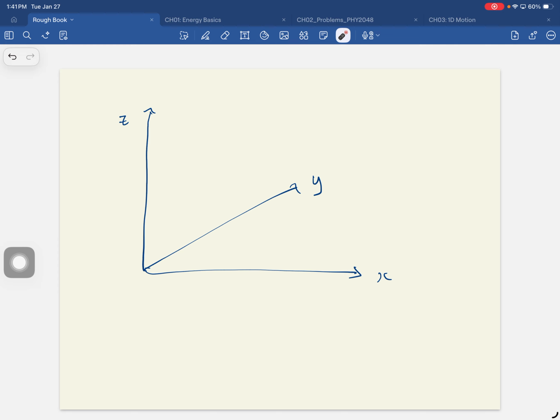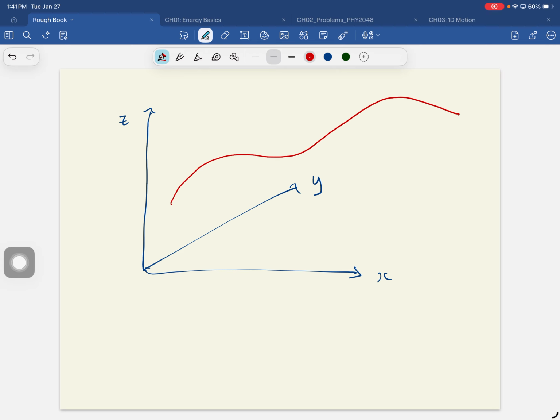One-dimensional motion means just motion along a straight line. For instance, we would be interested in describing this motion. Here's a car, and it's going like that. How many different kinds of motions are possible?